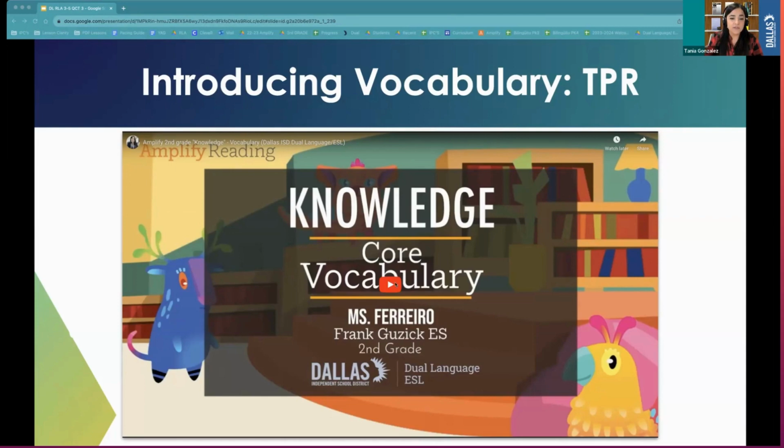You can use it especially for dual language teachers, since most of you have newcomers, and newcomer students could benefit from learning vocabulary with hand gestures and body movement to better understand and memorize the meaning of the words. But this strategy can definitely benefit all students. They can stand up, move their hands, and have fun learning vocabulary through total physical response.